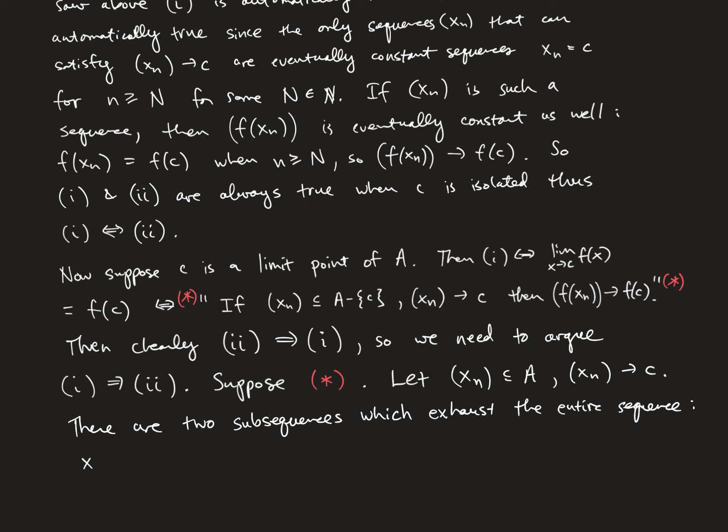So you have the x sub n sub k such that x sub n sub k is never equal to C, and x sub n sub L, which is equal to C for every L.